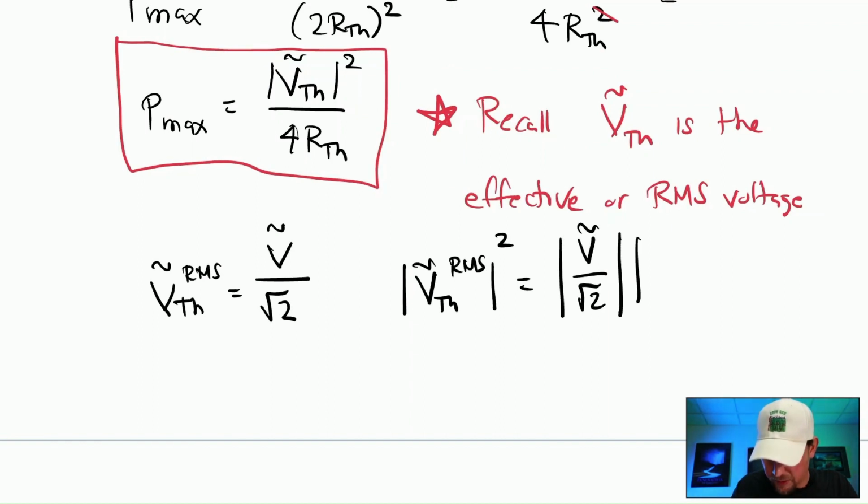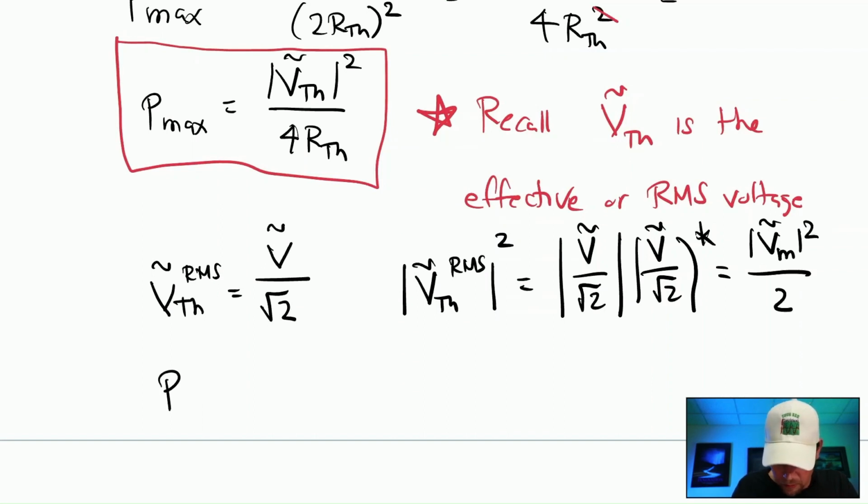So it is this times its complex conjugate, or it's just the magnitude of this over 2, or the max power of this is the magnitude of the voltage squared now divided by 8 times the Thevenin resistance.